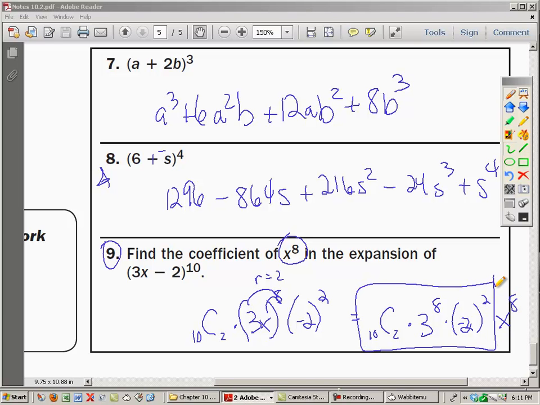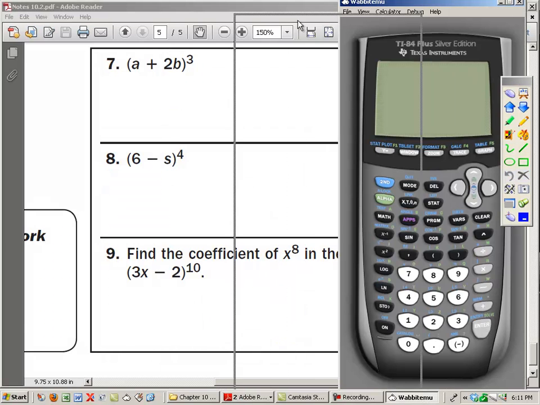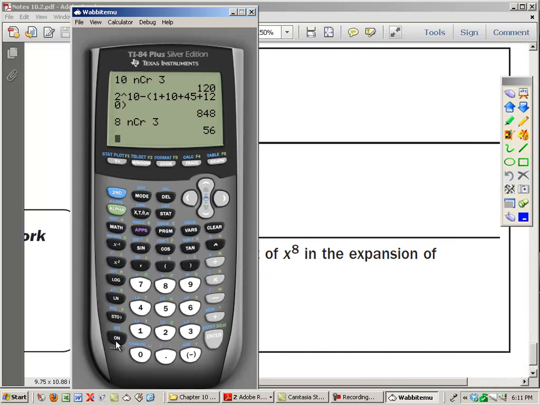10 choose 2, 3 to the 8th, and I know this is kind of messy, but this says negative 2 squared. All right? So let's plug all that into our graphing calculator. Again, you can use Pascal's triangle if you want to. I'm just going to skip that and use my calculator. So I wanted 10 choose 2.